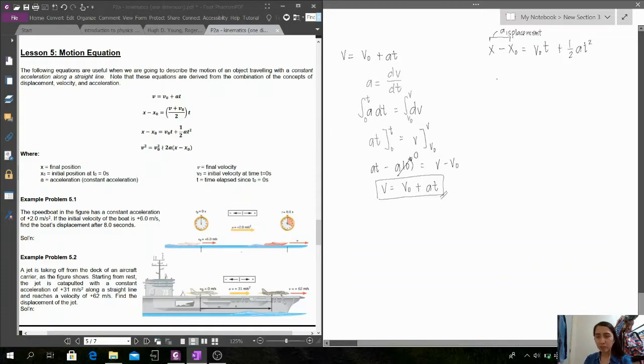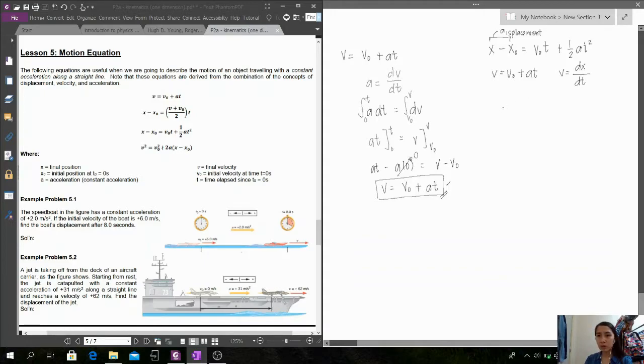In order to derive this equation, we will use this one. This is from v final is equal to velocity initial plus the product of acceleration and time. And we will also use the fact that the velocity is equal to the change in position with respect to time.